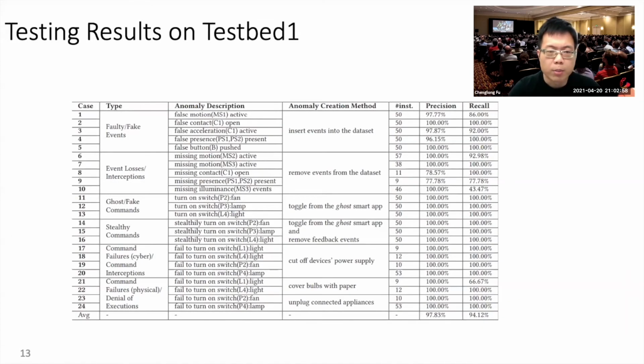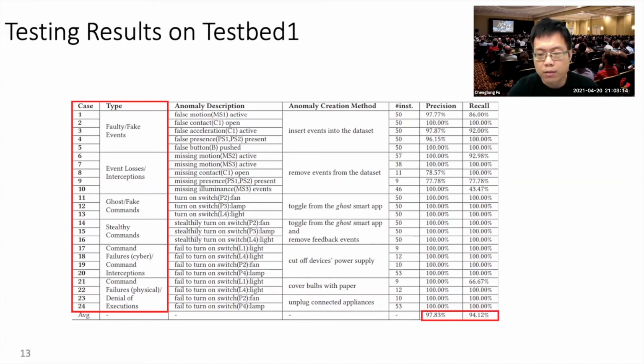To evaluate the performance of our HAWatcher, on testbed 1 only, we generate 24 testing anomaly cases, which cover 6 steps. And the result is very satisfying. We achieved an average precision of 97.83% and an average recall of 94.12%.